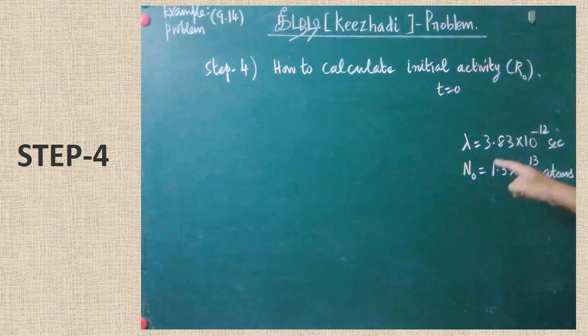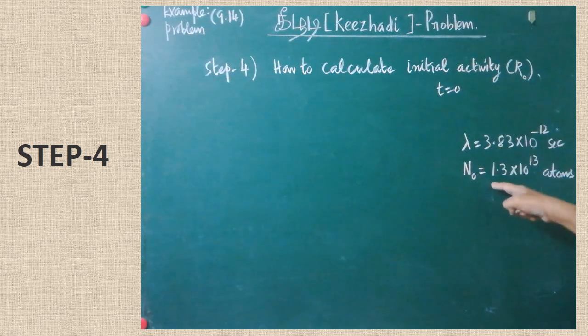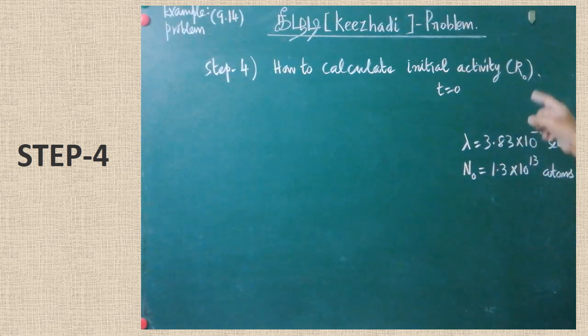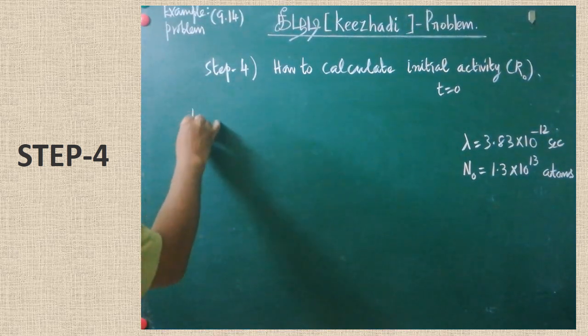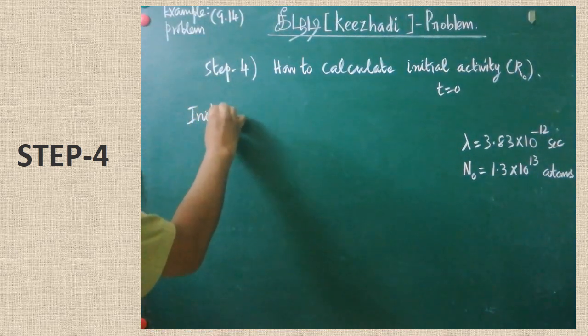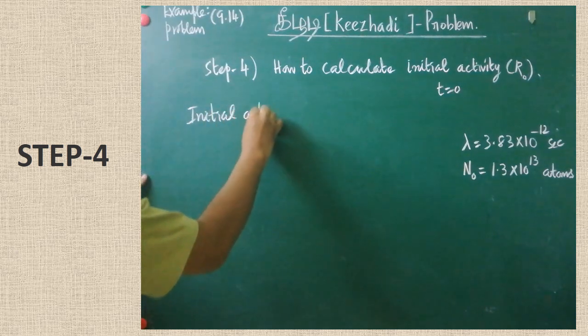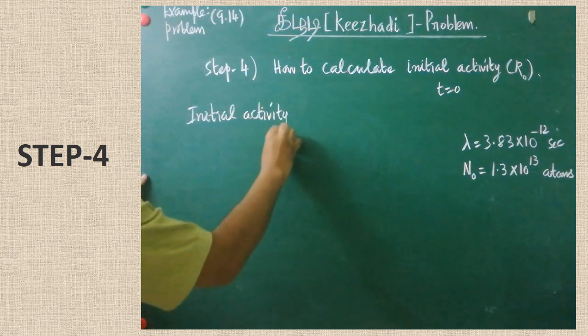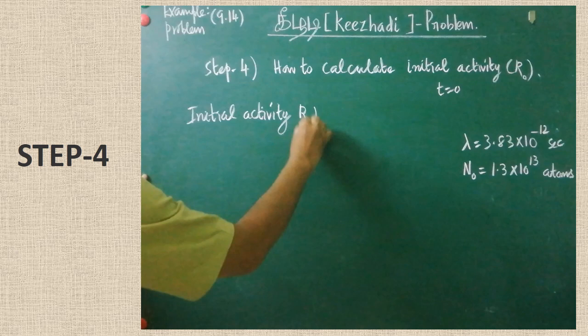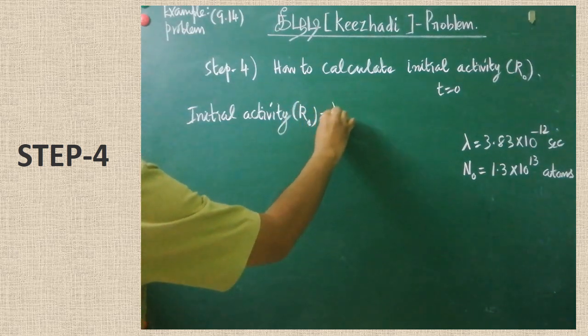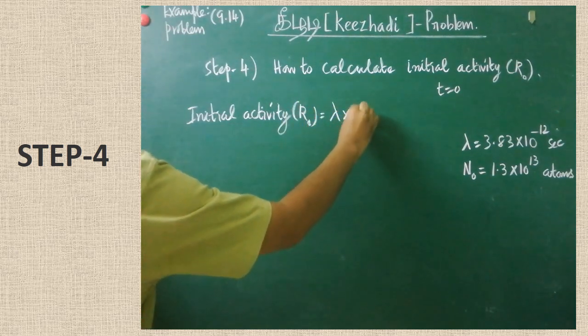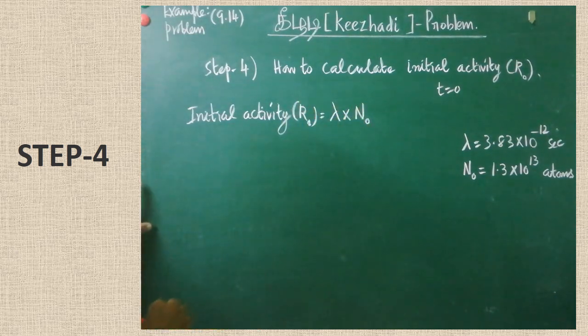To calculate R naught, these two are important. Without knowing lambda and N naught, R naught cannot be calculated. So what is the formula to calculate R naught? R naught, the initial activity, is equal to the disintegration constant multiplied by N naught. What is N naught?